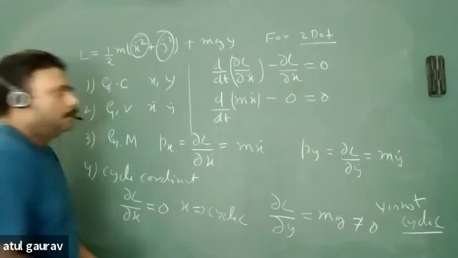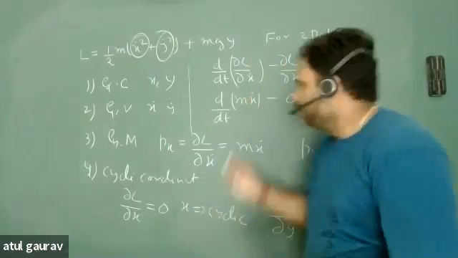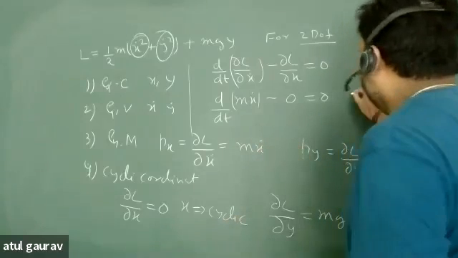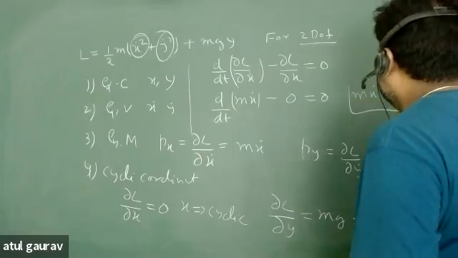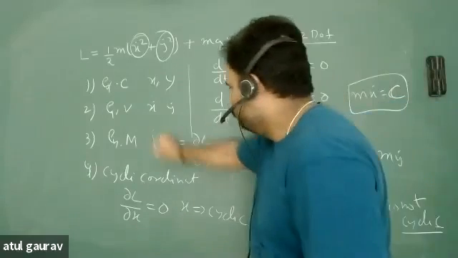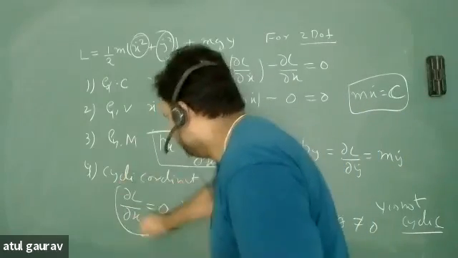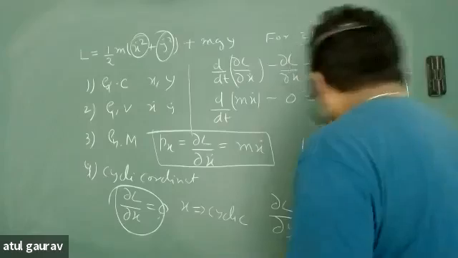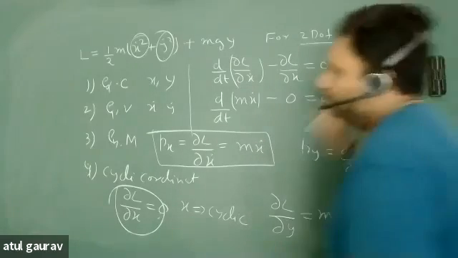From here we can again prove that m x dot is constant, and from the cyclic coordinate we can prove this is constant. M x dot is constant.